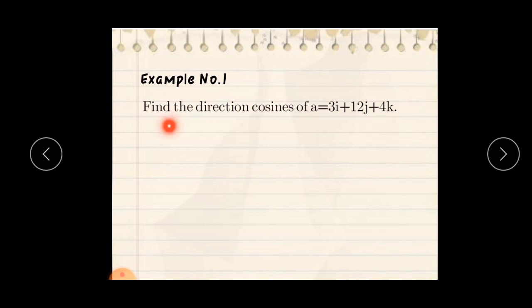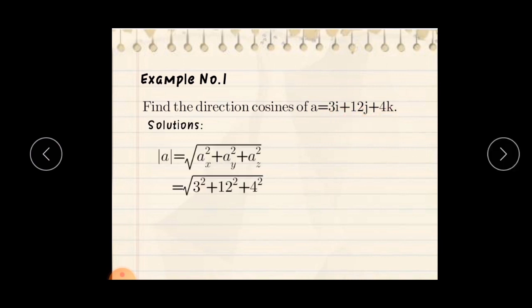Example number 1, find the direction cosines of a vector A is equal to 3i plus 12j plus 4k. And the solution, the first thing we need to do is get the magnitude of A. As we all know, the formula of the magnitude of A is equal to the square root of A sub x squared plus A sub y squared plus A sub z squared. And now, we substitute all the values that we have.